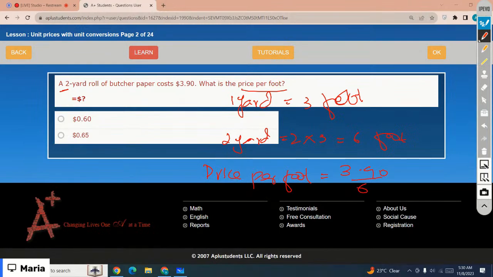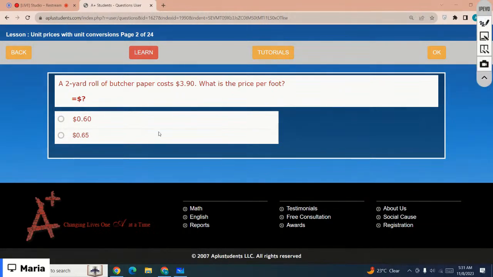So which is the correct option? $3.90 divided by 6 equals, the correct option is $0.65. Got it?